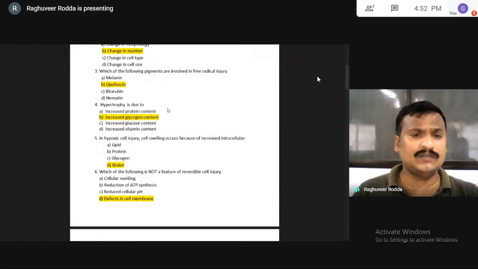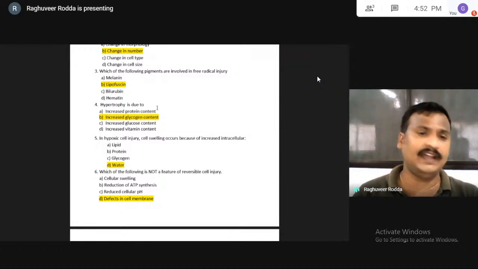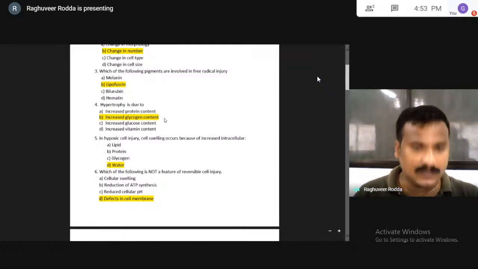And coming to another thing, hypertrophy. What is the reason behind the hypertrophy of the cell, the increase in the size of the cell? It is because of increased glycogen content.